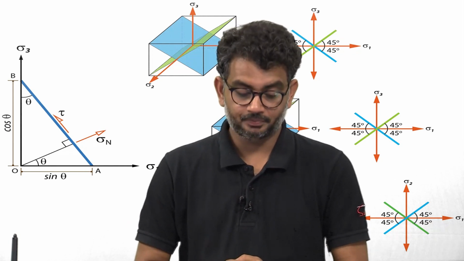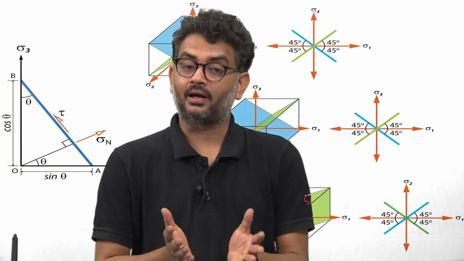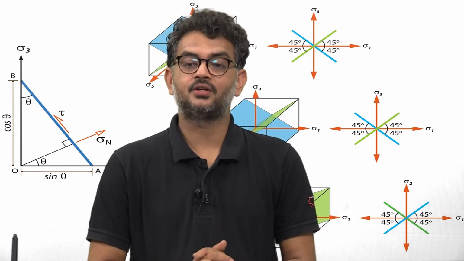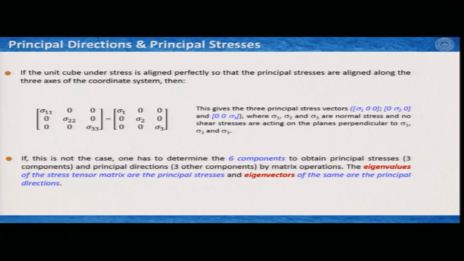If the unit cube under stress is aligned perfectly, so that the principal stresses are aligned along the 3 axes of the coordinate system, then we can define sigma 1 1 as sigma 1, the magnitude of principal axis of stress along the x1 direction, sigma 2 2 as sigma 2 and sigma 3 3 as sigma 3.